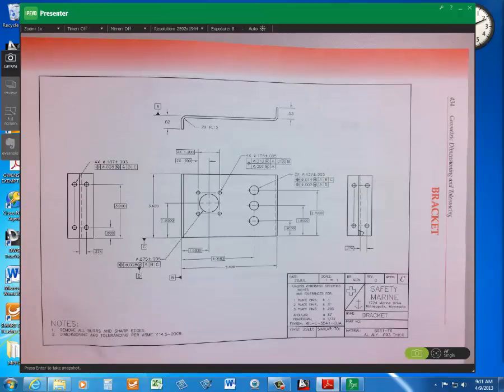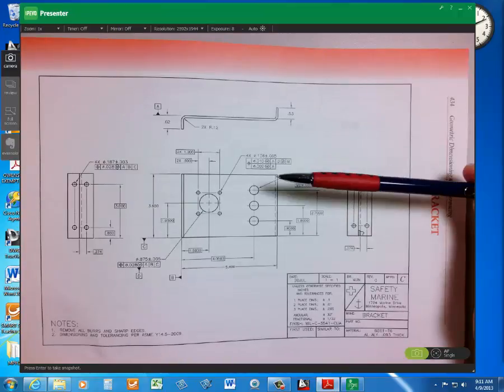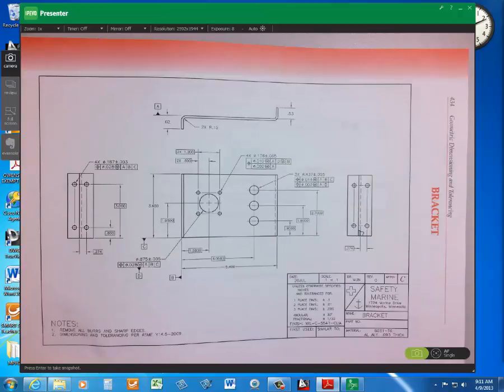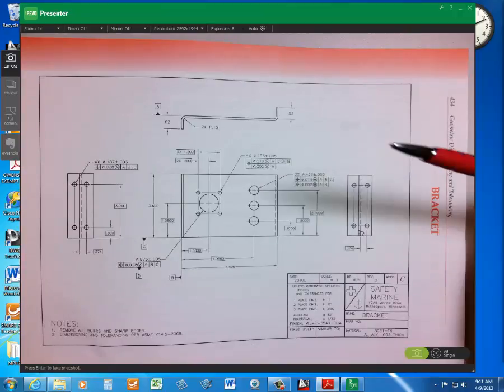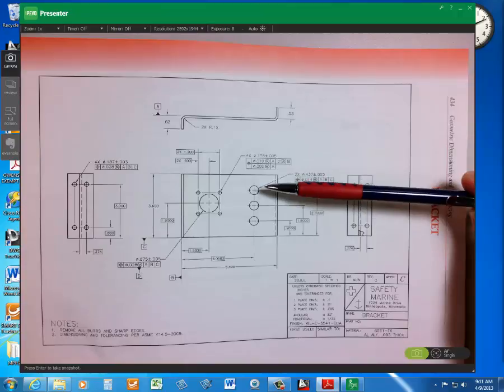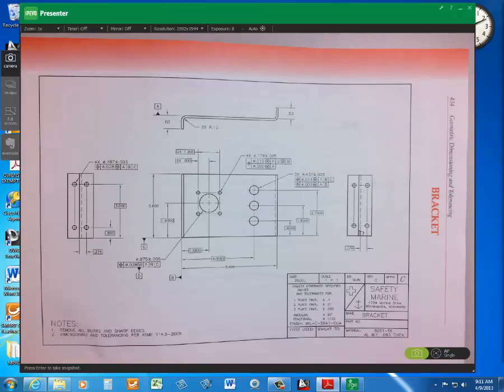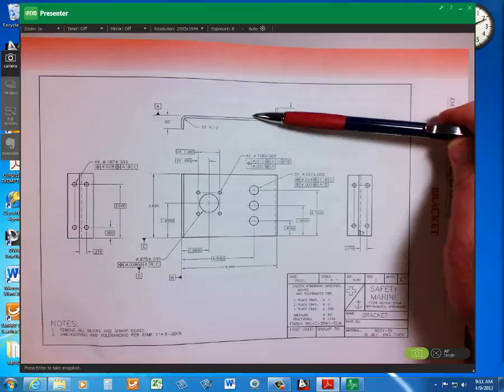All right, then the next thing, the lower feature control frame, is a feature relating tolerance at 2 thousandths relative to datum A. So perpendicular to A, right? Where's A? A is the back of the part.